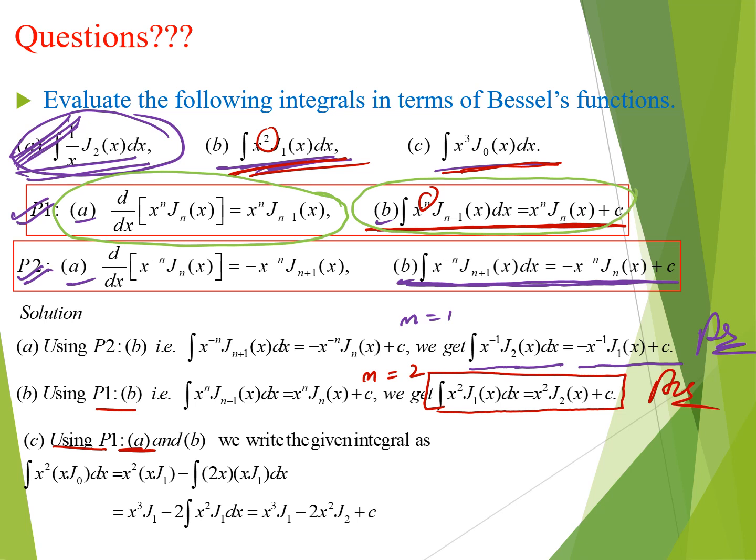We write the given integration as integration of x square times x J0 dx, that will be equal to, by the integration by parts rule, x square times x J1 minus integration 2x times x J1 dx, and this value will be equal to x cube J1 minus 2 x square J1. By solving it, we get x cube J1 minus 2 x square J2.